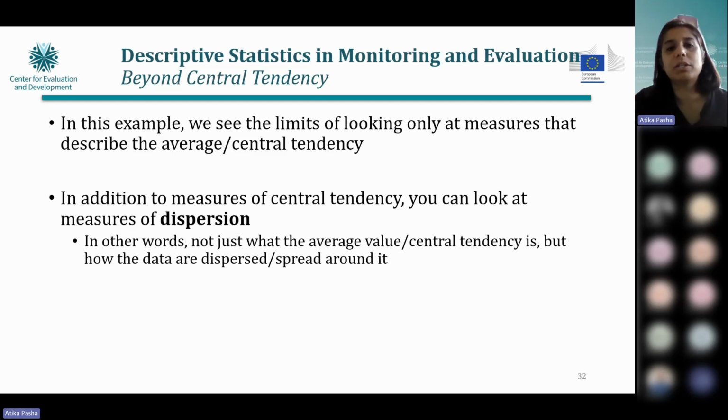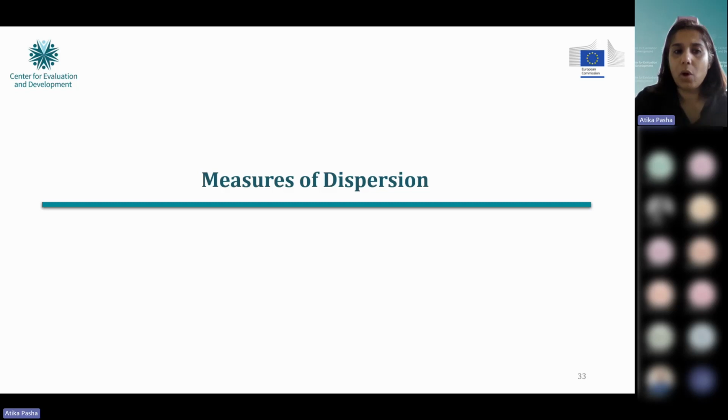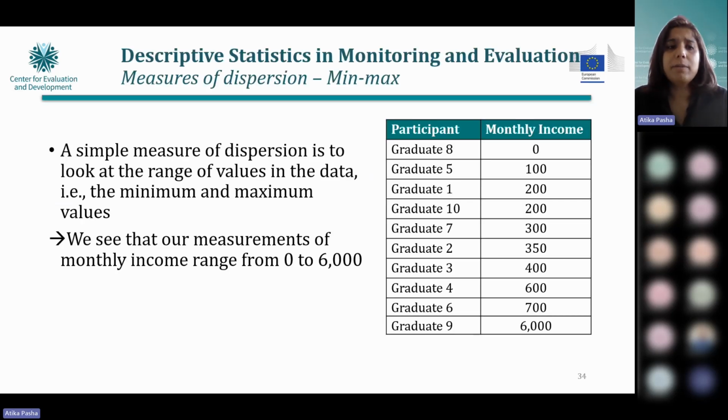We need to consider the outliers, or as I already mentioned, the dispersion of your data across whichever variable you're interested in. And for this, we will talk about the measures of dispersion. The first measure that we're talking about is the minimum and maximum values.